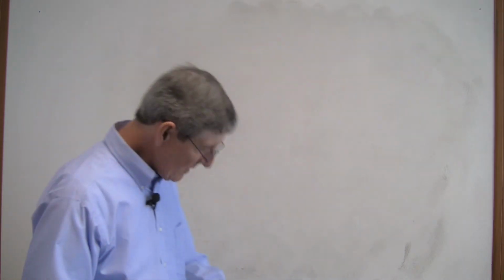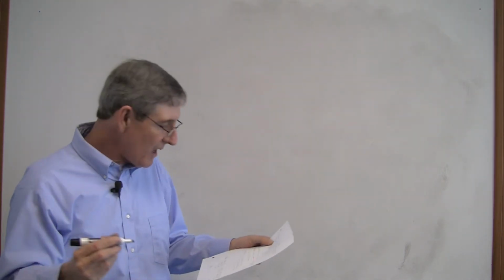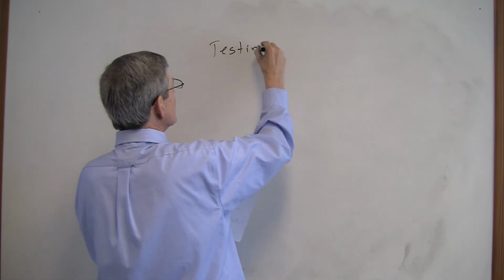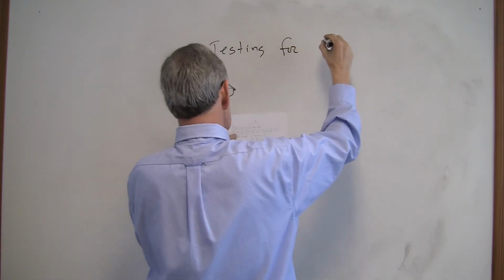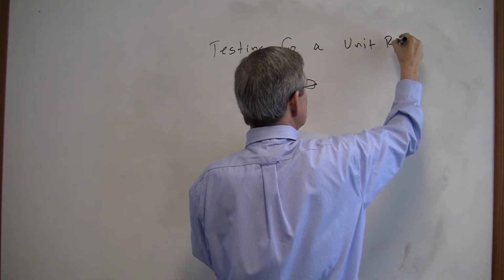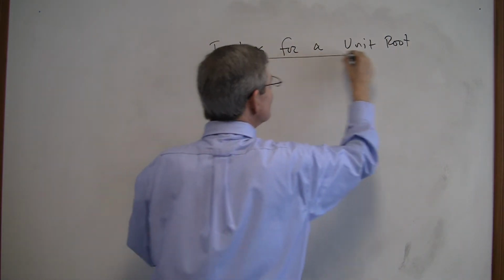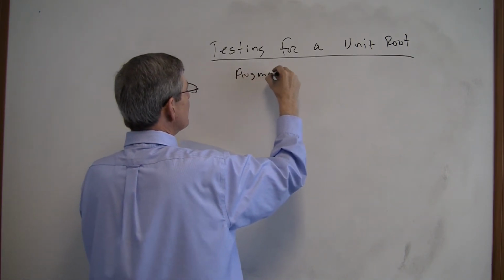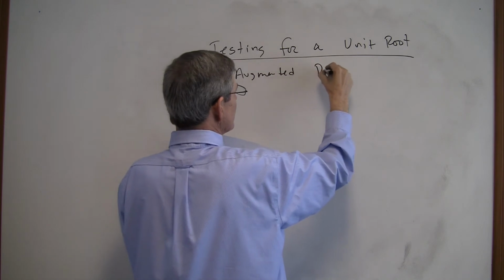Okay. So if it causes all these problems, how do you test for it? And what we're going to use is what's called an augmented Dickey-Fuller test.